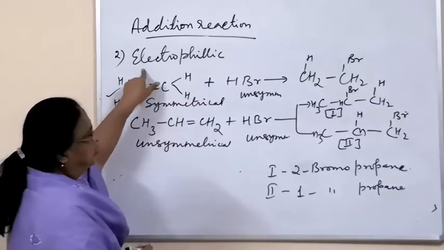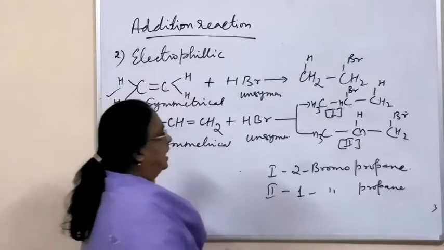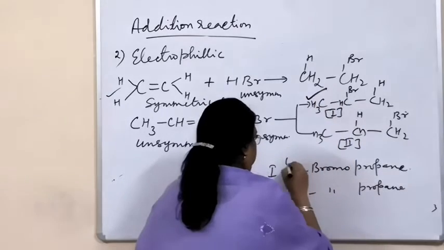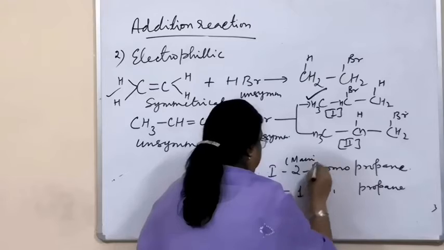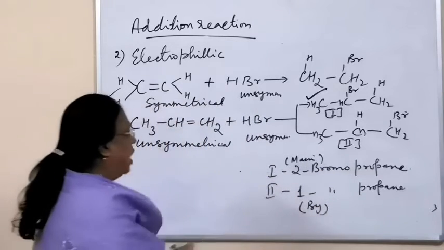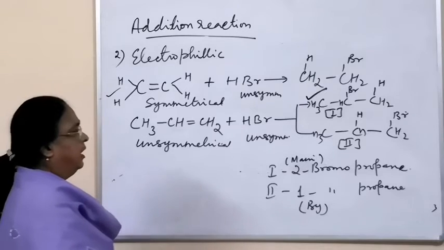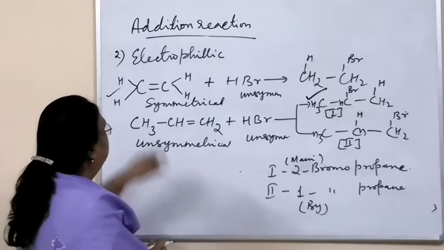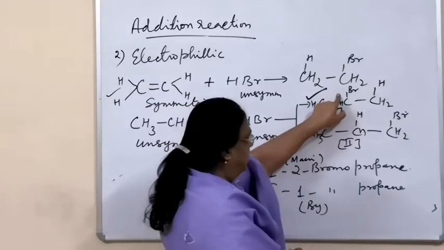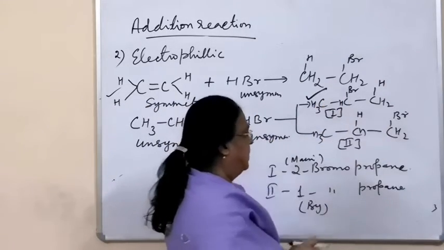So when it is electrophilic, it is found that this product is the main product. This is the main product and this is the byproduct, and remember that. So how to decide that we will have 2 bromo as the main product and not 1 bromo as the main product?